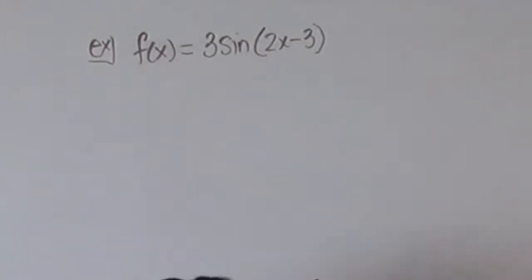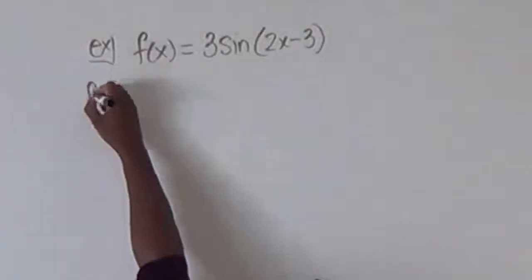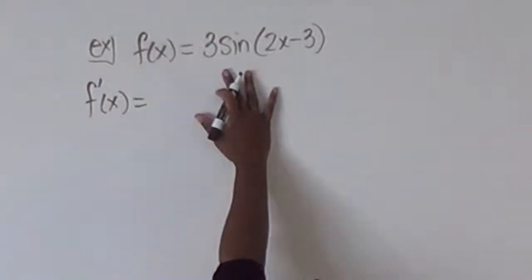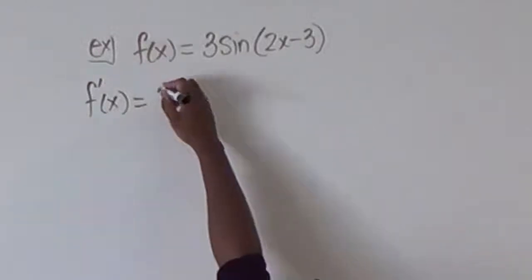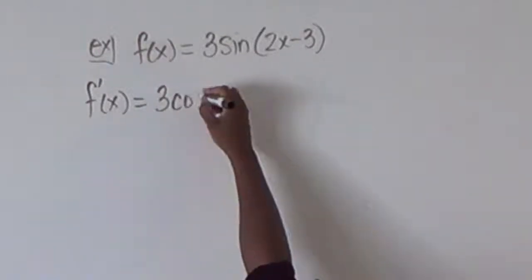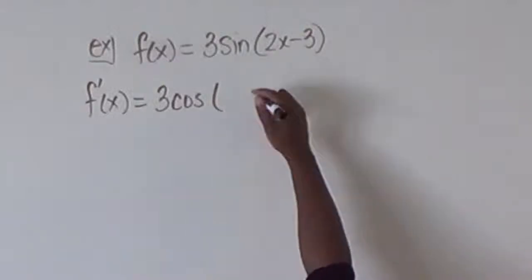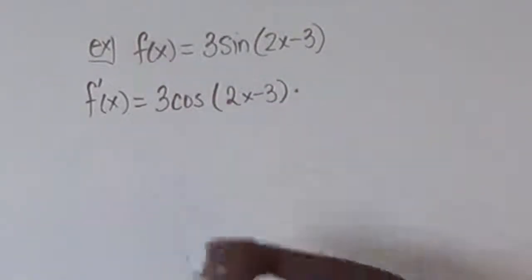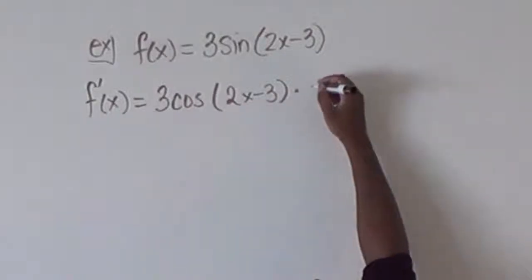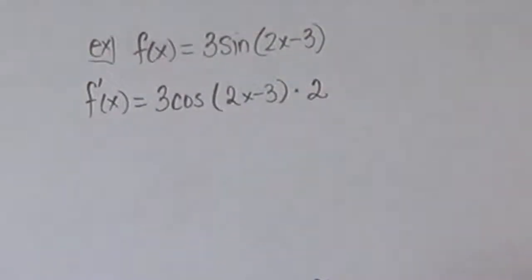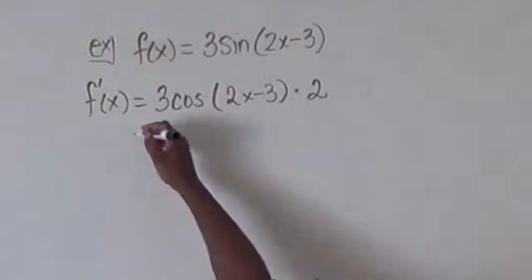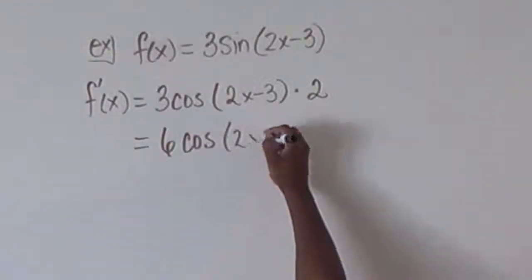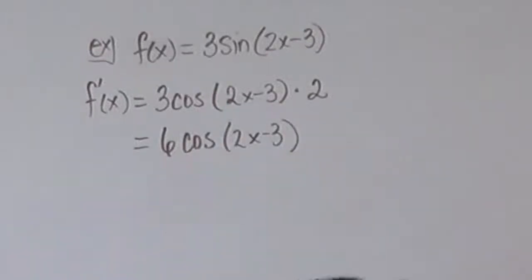So using our chain rule here, it says that f prime is going to look like the derivative of the sine function, which is going to be 3 cosine of the g, times the derivative of the g, which in this case is just 2. So when we simplify, we can see that 6 cosine of 2x minus 3 is going to be our derivative.